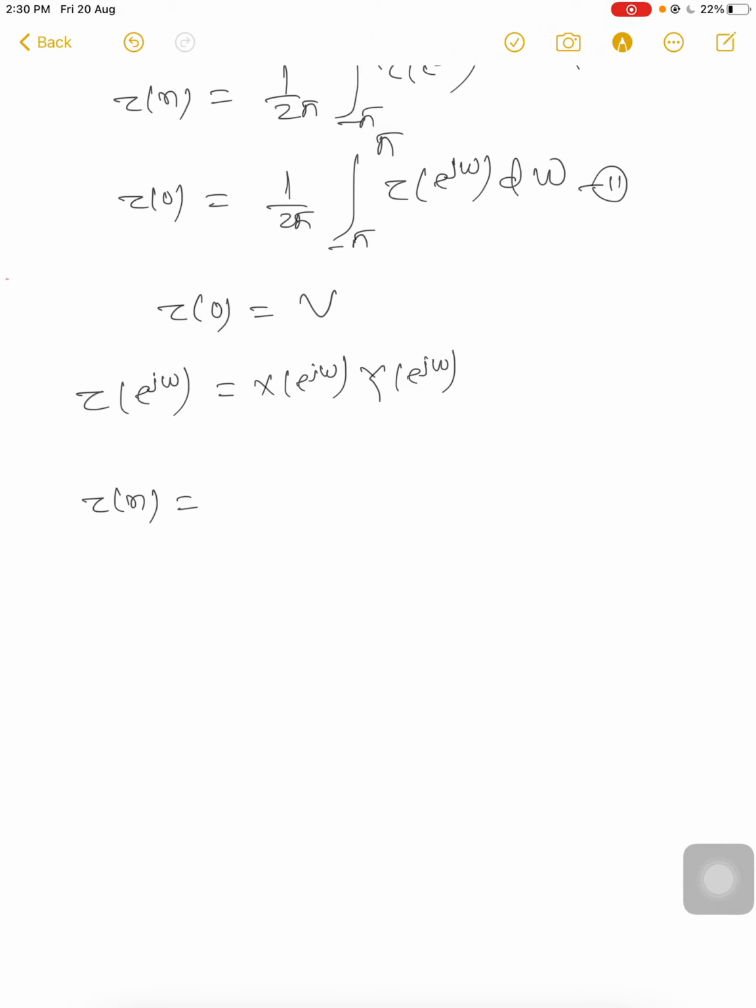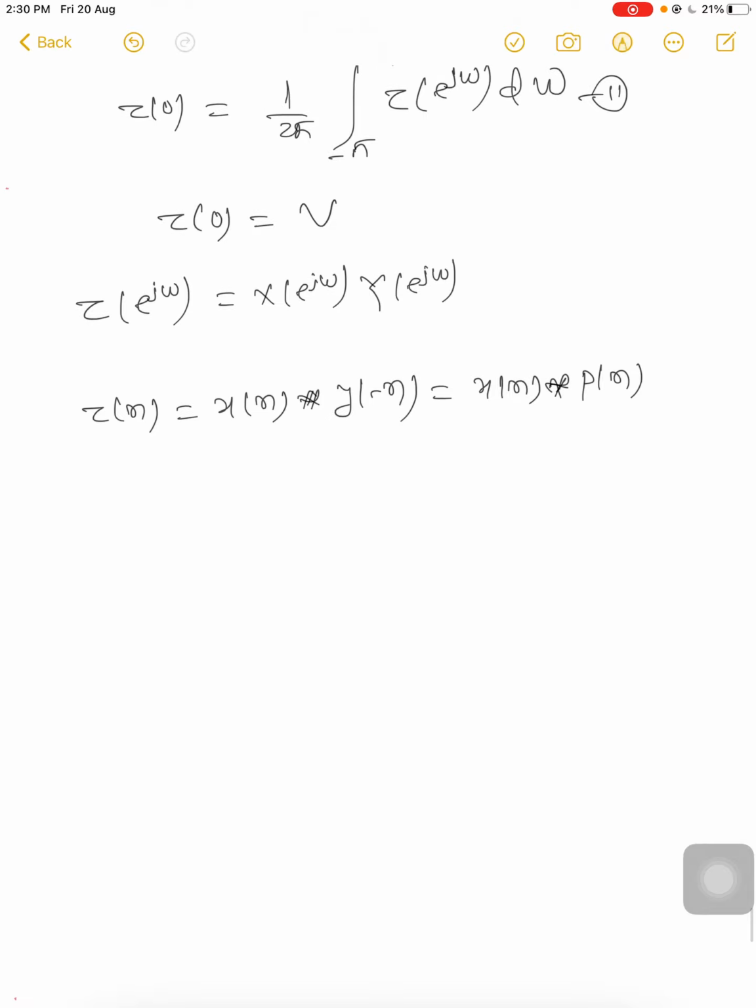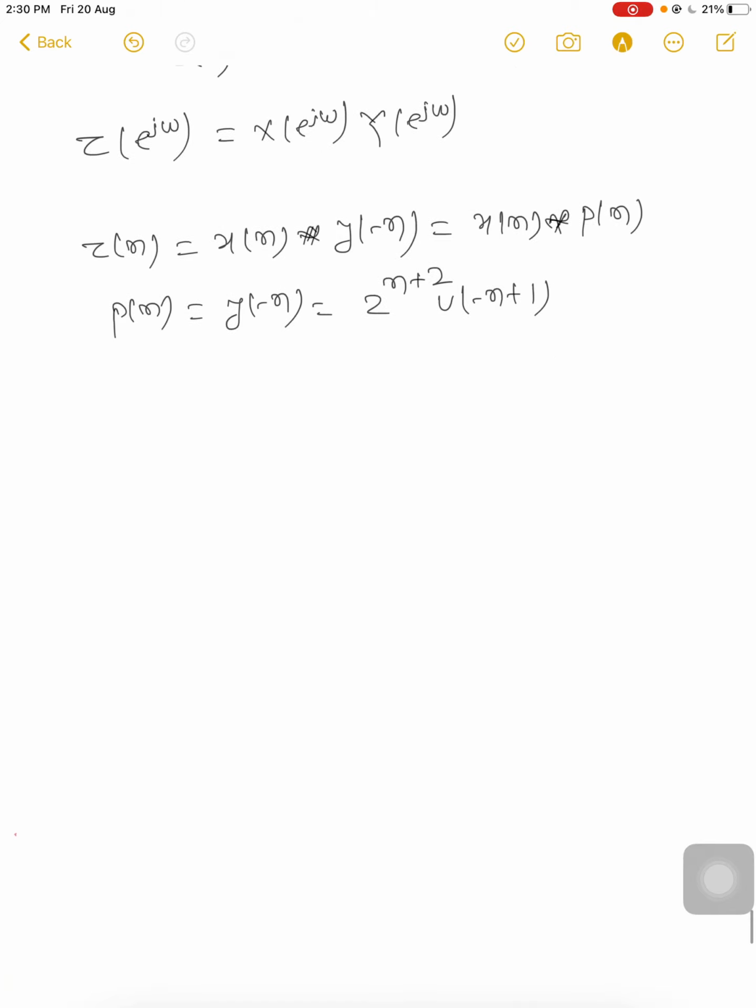Okay, and applying the inverse transform, z[n] is equal to x[n] convolved with y[-n]. We can say that p[n] is nothing but y[-n], which is 2^(n+2) u[-n+1].